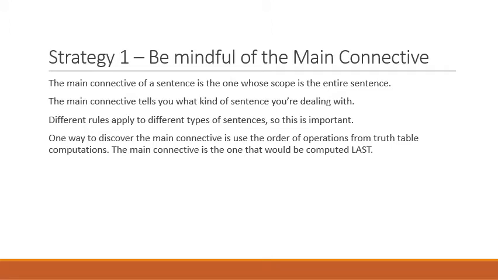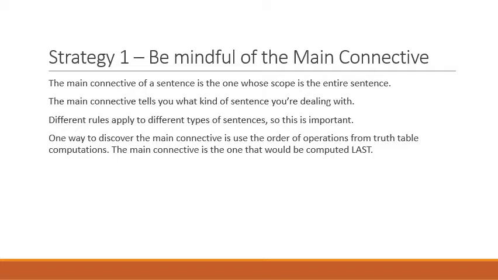One way to figure out what the main connective actually is, is to think about the order of operations from the truth table computations, right? When we were doing truth tables, in order to calculate the value, you had to go through a procedure as to which logical operations you needed to use first before you could determine the value of the whole sentence.